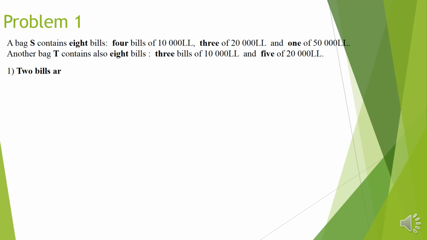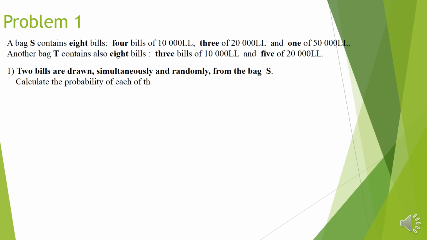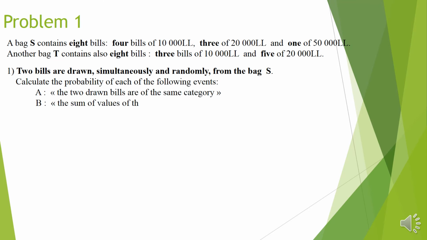What is happening in the first question? We select 2 bills at random and simultaneously from bag S. Pay attention, from bag S only.